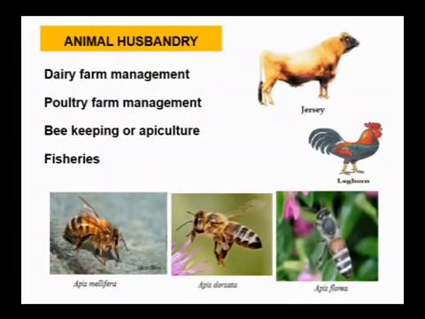In beekeeping or apiculture, we study about the various procedures in producing honey and bee wax from different species of honeybees. In fisheries, we discuss about the catching, culturing and marketing of fishes, which includes inland fisheries, aquaculture, pisciculture, etc.